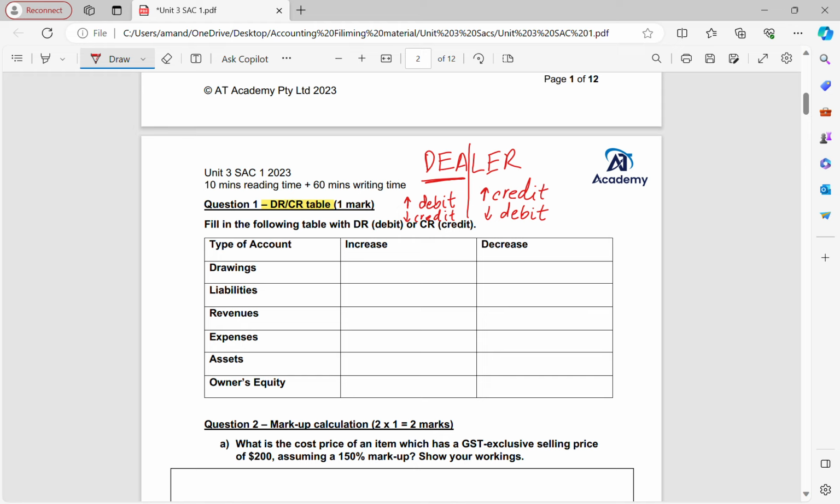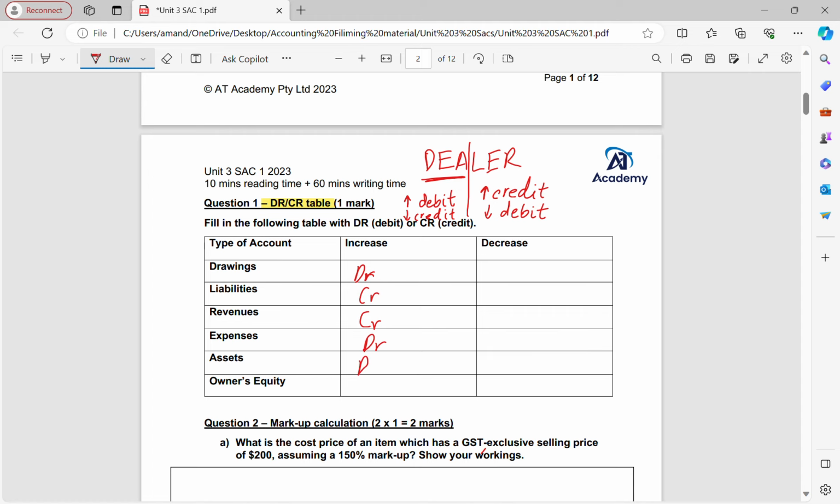So let's just quickly fill this in. Drawings, increase, use the table. So that's a debit. I'm just going to use DR as a shortened version. Liabilities, increase, that is going to be credit. Revenues, that is credit. Expenses, whoops, my bad, not there. Expenses is actually going to be a debit when it increases.